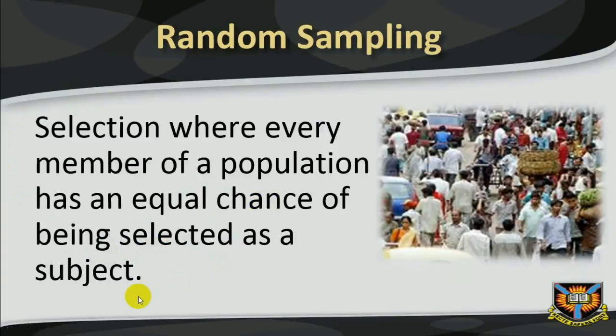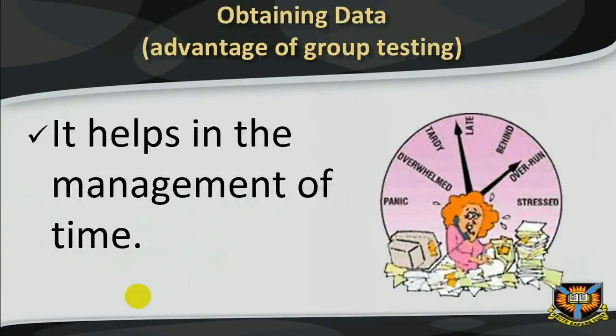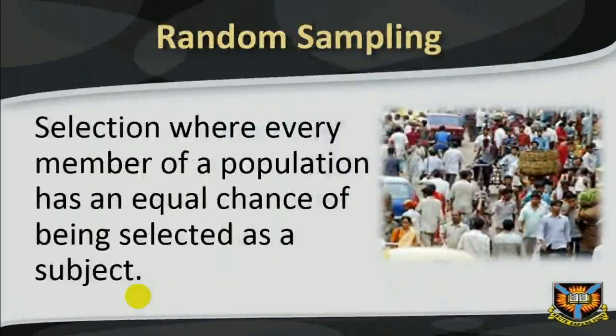Furthermore, each selection is independent of other selections, so that choosing one person does not affect the chances of selecting anyone else. Since a typical researcher does not have access to all college students, the experimenter tries to select randomly from the population that is available to him or her.